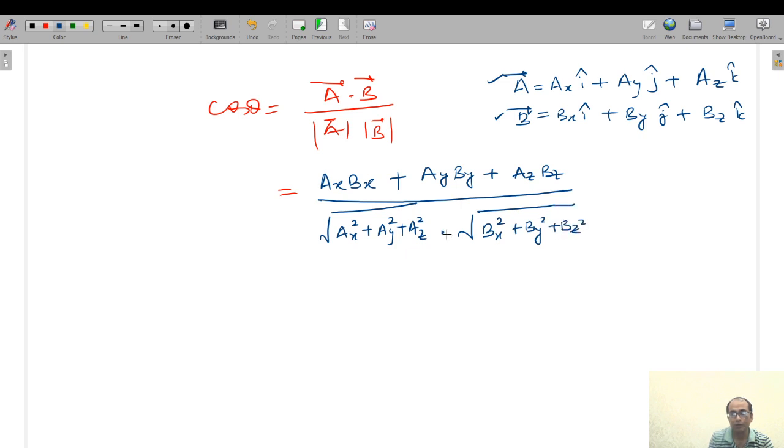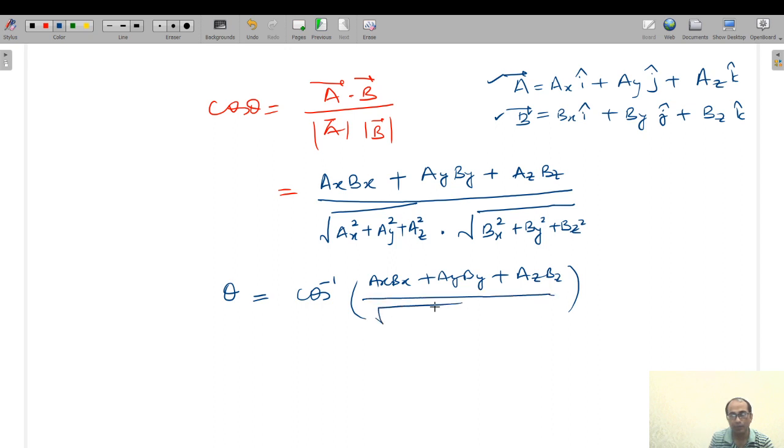Using this formula, you can find the value of theta. Theta is cos inverse of this entire expression, which is AX BX plus AY BY plus AZ BZ upon the square root of AX square plus AY square plus AZ square multiplied by the square root of BX square plus BY square plus BZ square.